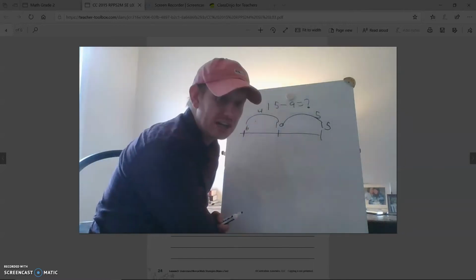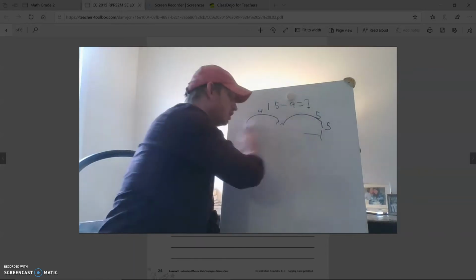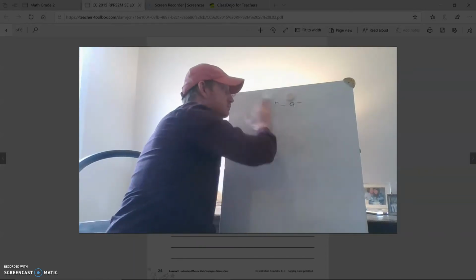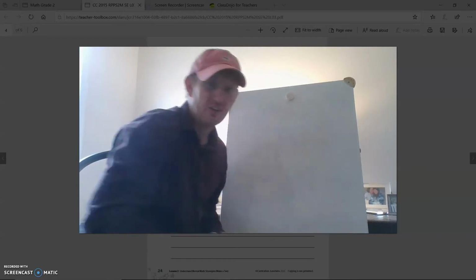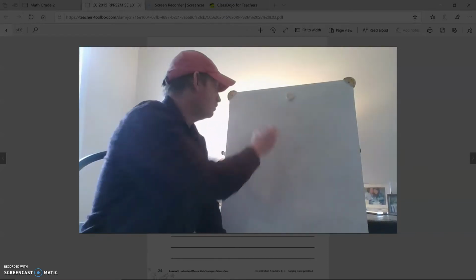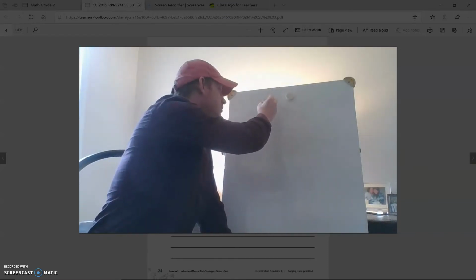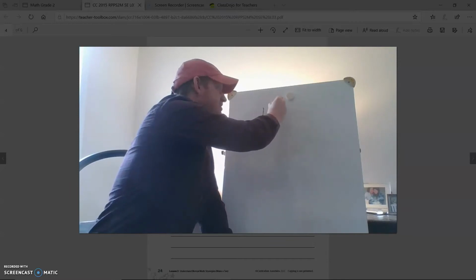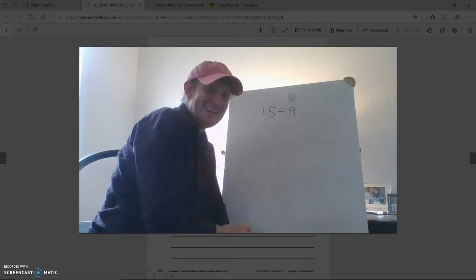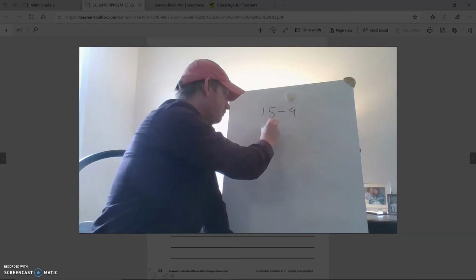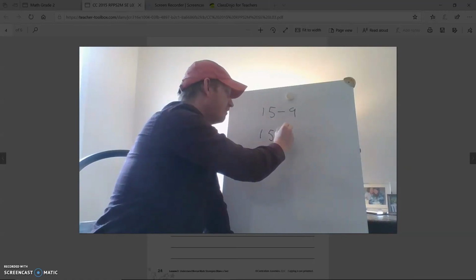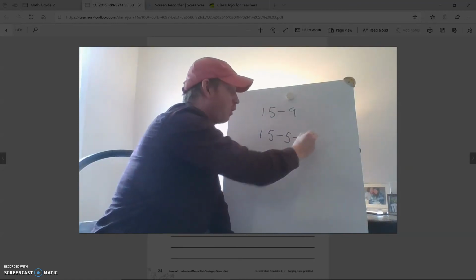What's the way we could have done it if we were not doing a number line? If we were not doing a number line, it would be 15 minus 9 is the same as 15 minus 5 minus 4.